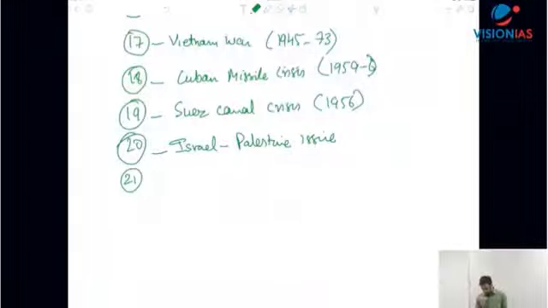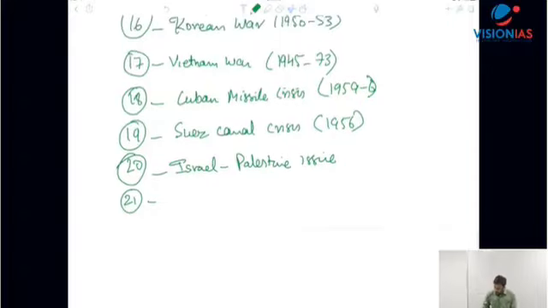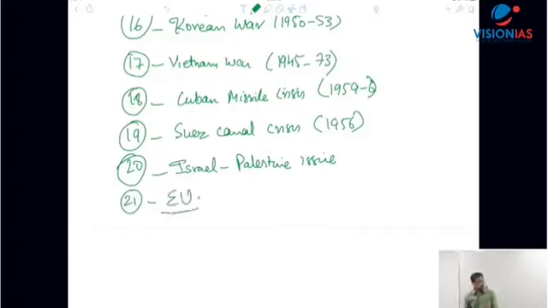Also, apart from this, another important topic to talk about, apart from the Israel-Palestine issue and all the other issues above, is the European Union. Why was it formed? Because again, the question is not going to come on Brexit or anything, okay?